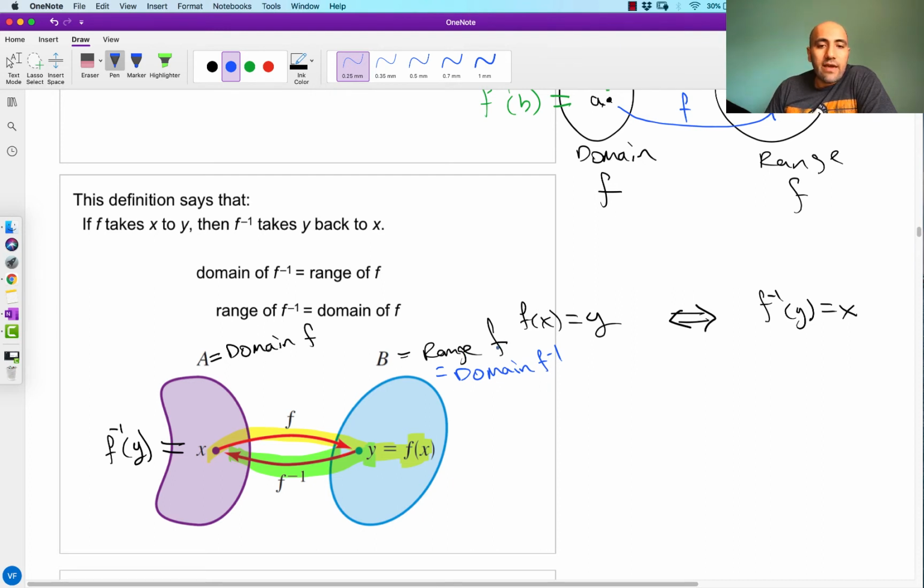So the range of f must be equal to the domain of f inverse. And then going backwards this way, this must be the range of f inverse. The range of f inverse equals the domain of f. So it must be true that the domain of f equals the range of f inverse, and that the range of f is equal to the domain of f inverse.